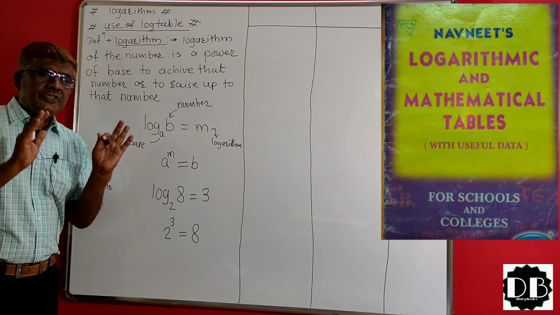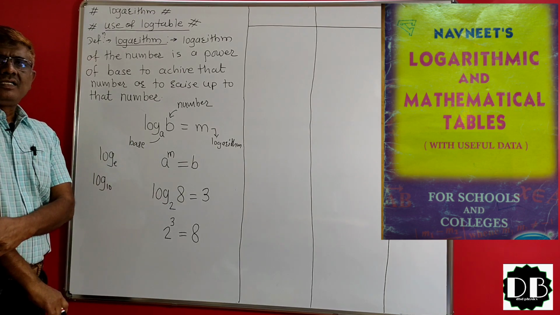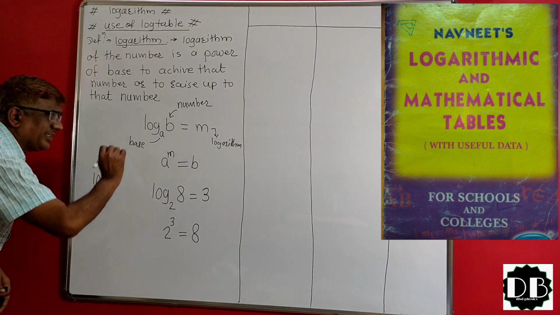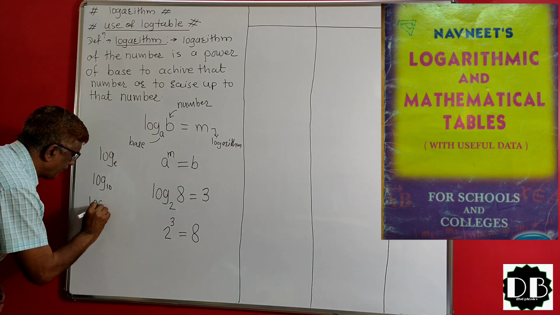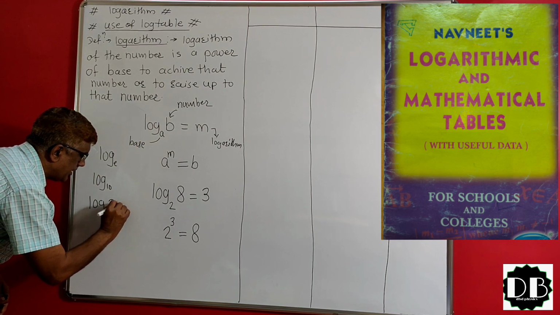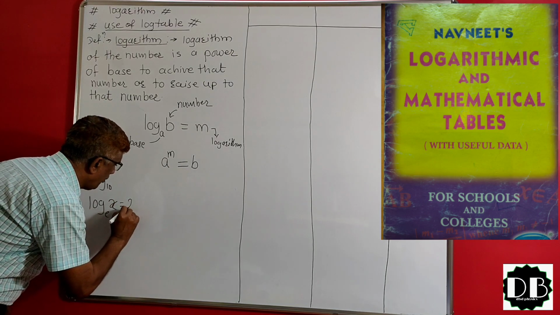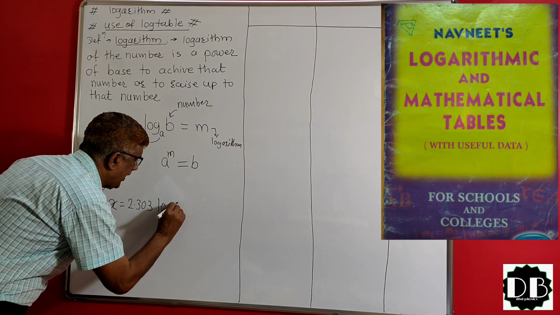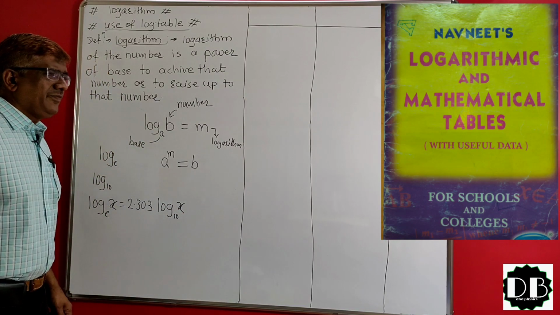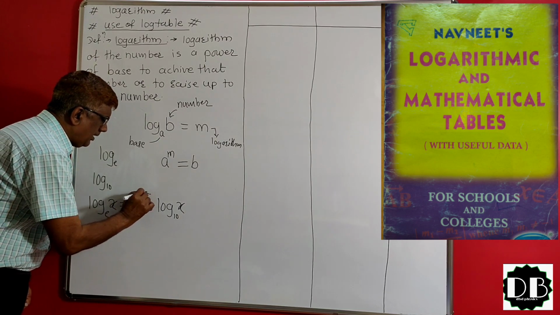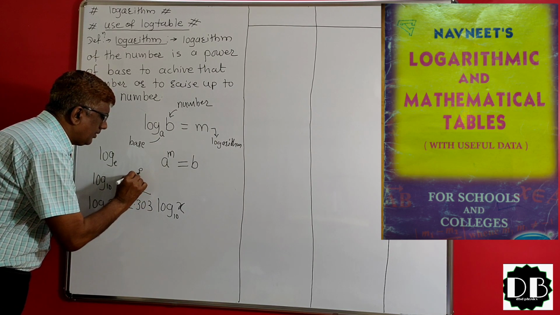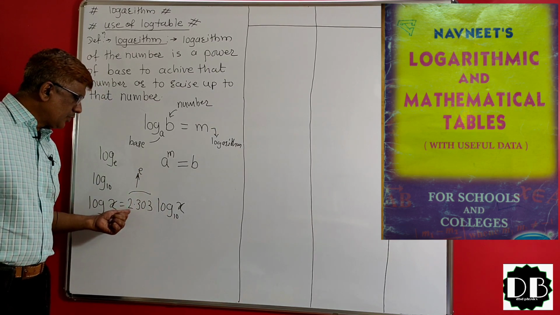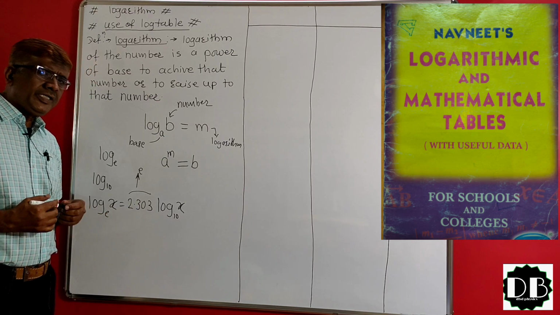Both are related to each other because exponential has the value 2.303, so that we can say that log of any number x to the base e is equal to 2.303 log of x to the base 10. This is the value of exponential, and if we want to make a bridge between the base e and the base 10, we must use 2.303. During an example we can do that.